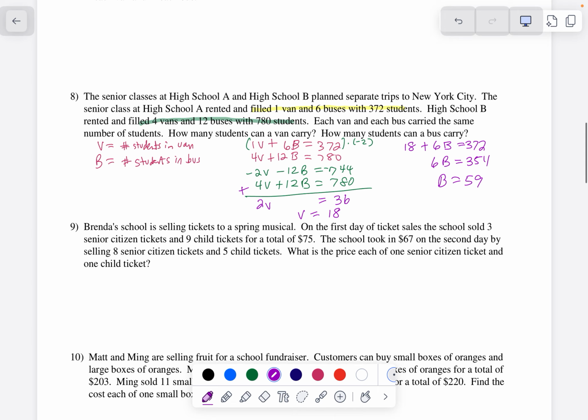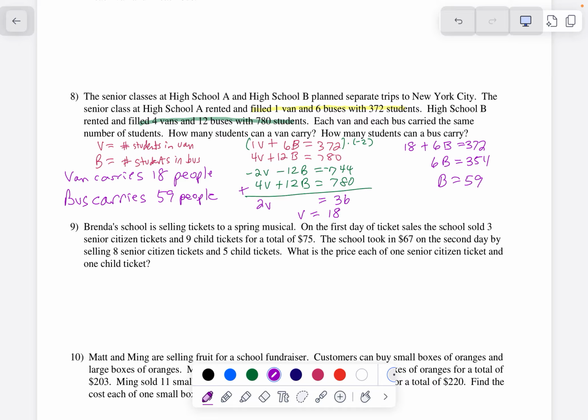Okay. So we're not done until we write down what answers the question. How many students can a van carry? A van carries 18 people or students. And then a bus carries 59.